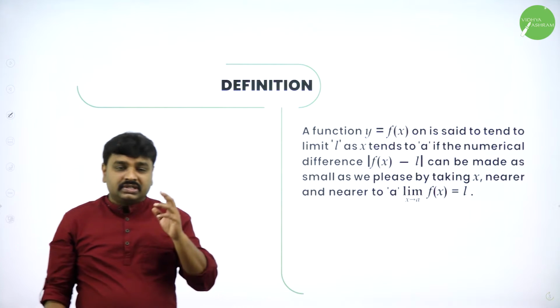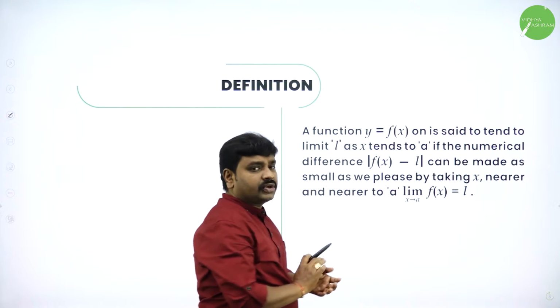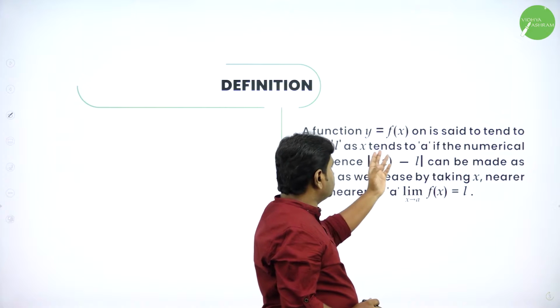Now we'll see what a limit is. If you take a function y is equal to f of x, it is said to tend to limit L as x tends to a.